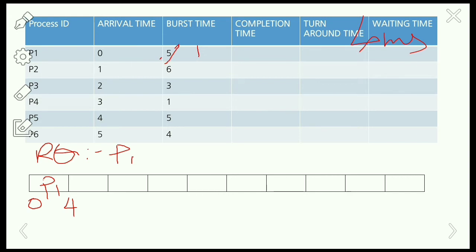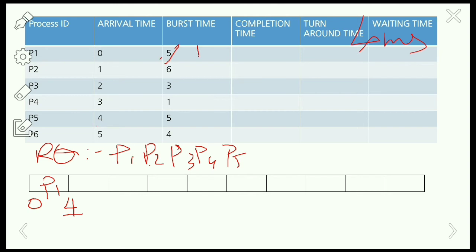At time 4, which processes have entered the ready queue? P2, P3, P4 and P5 are the processes that have arrived in the ready queue.